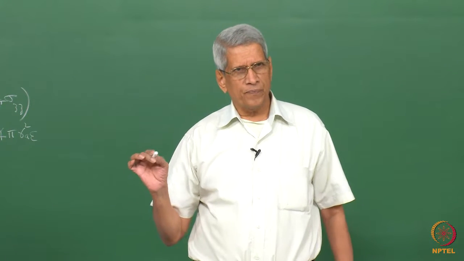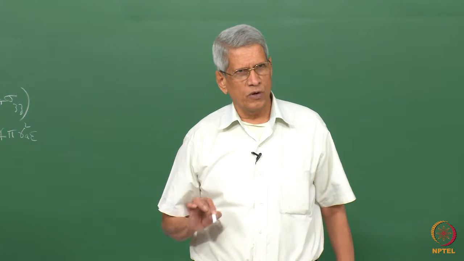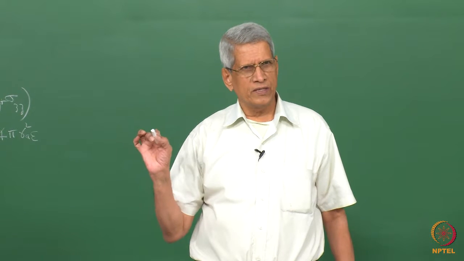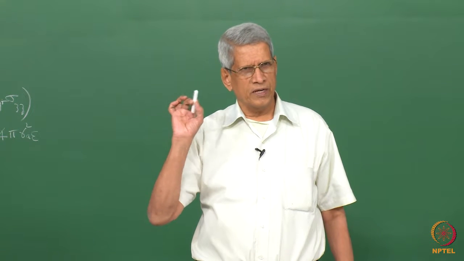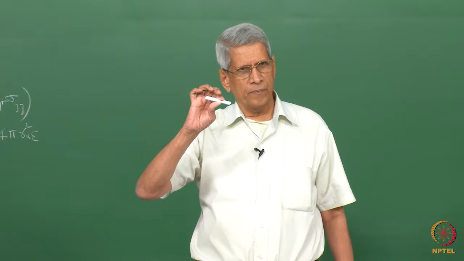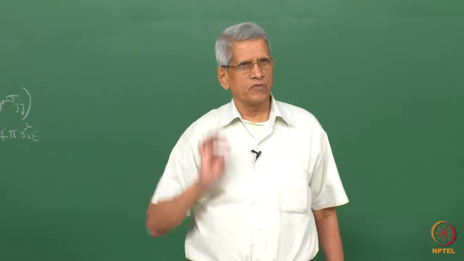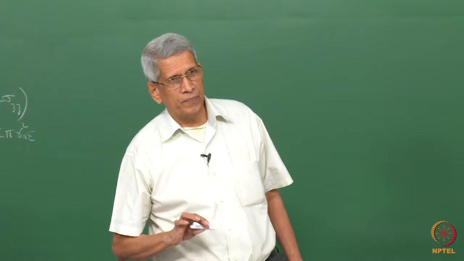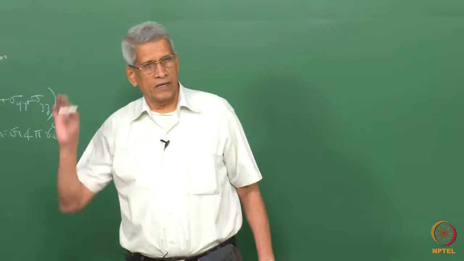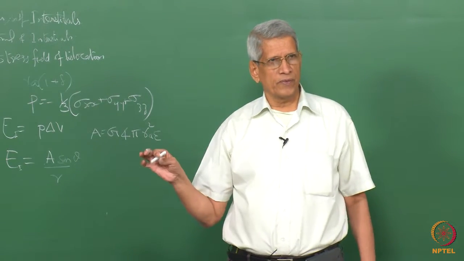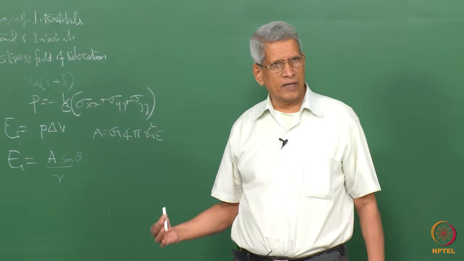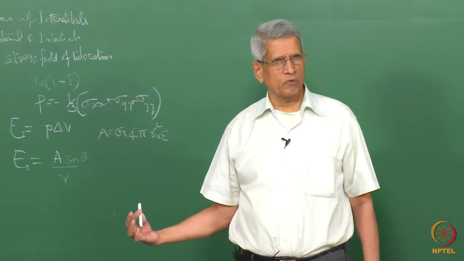That means that whenever we consider an edge dislocation, this vacancy, if it comes, that interaction will be on the side where compressive stresses are going to be there. If it comes there, it will relieve, and on the other side it will be the interstitial atoms which will be coming there.